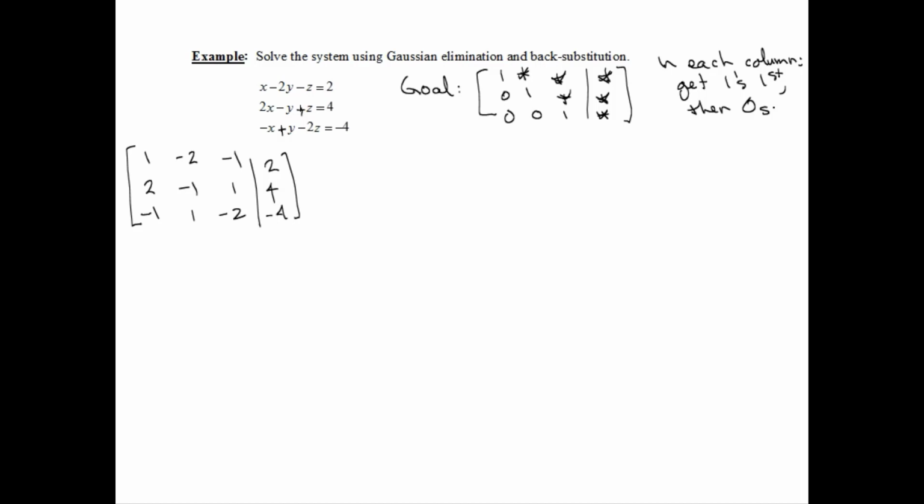So the first thing that we want to do is we want to get this first entry to be a 1, and it already is, so we're fortunate with that. Then next we want these guys to be zeros.